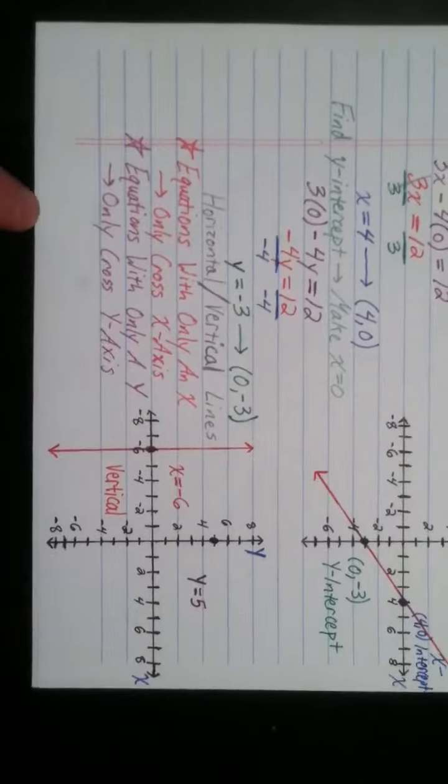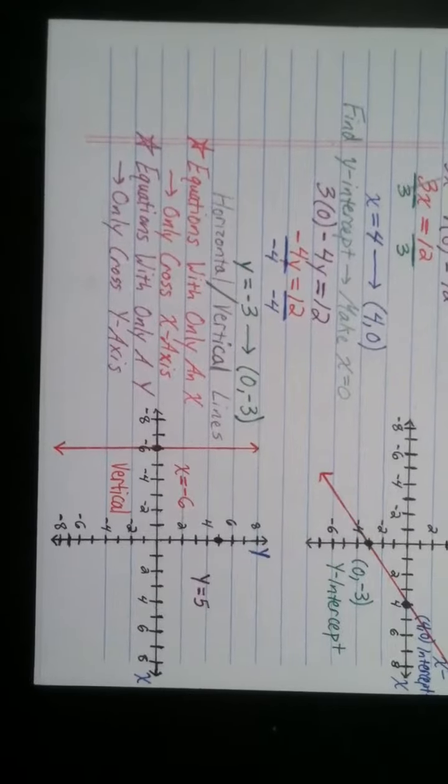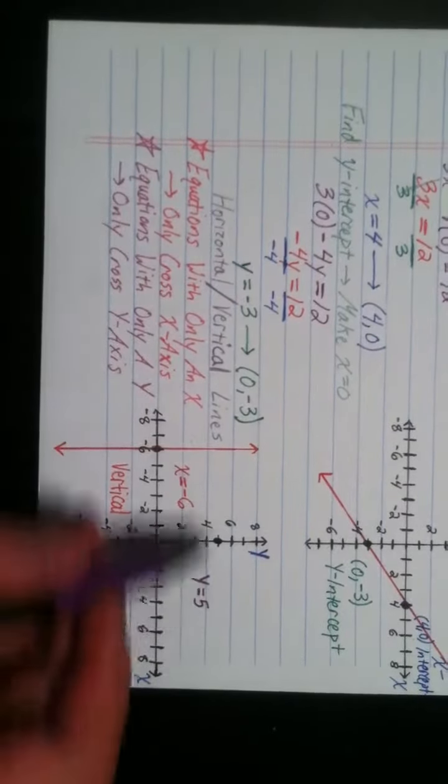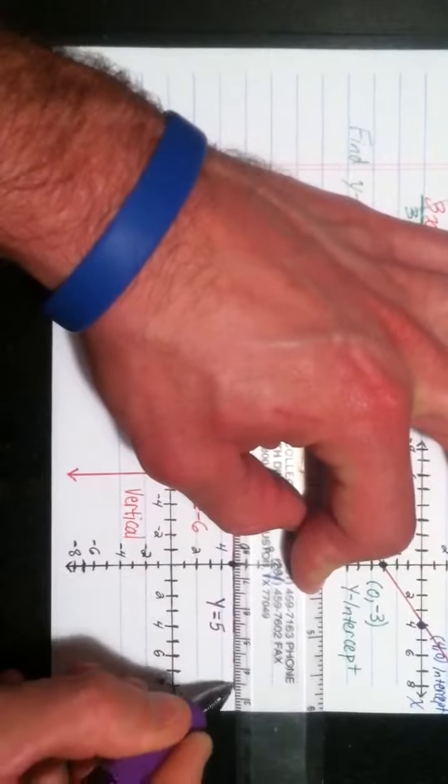Well, for a line to only cross that y-axis, it would have to be a horizontal line. Okay, straight left and right. So the line y equals 5 is going to look like this. It'd be a straight horizontal line.